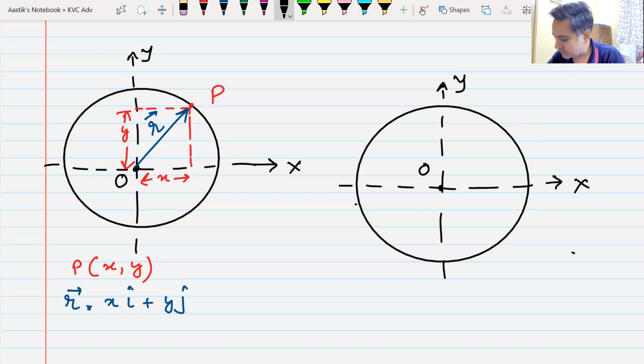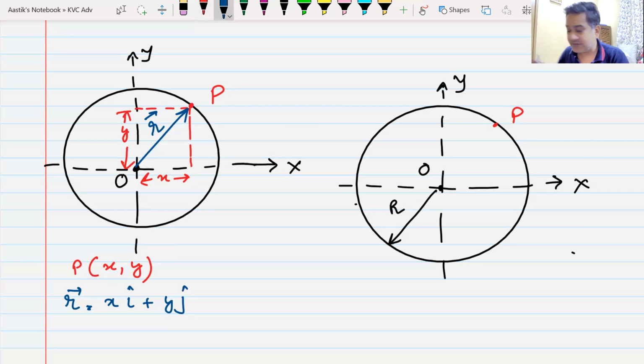This is again my origin O, this is my radius R. Now, if I know that this particle is obviously always going to move on a circular path, now instead of giving its coordinates in terms of x and y, I can give them in a different way.